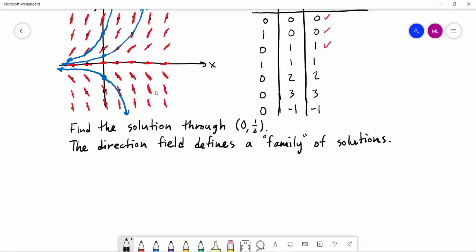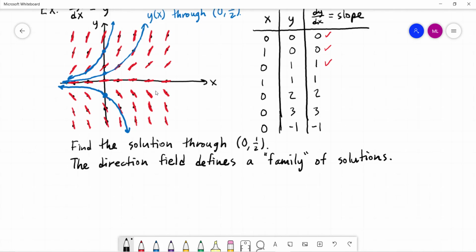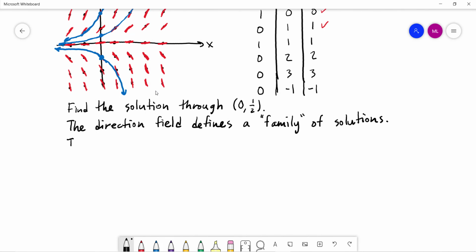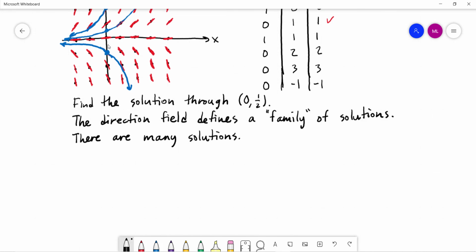It's not a super technical term necessarily, but a family of solutions. There's more than one solution. Each passes through a different point. If we pick a different point to force our solution through, we'll get a different curve.